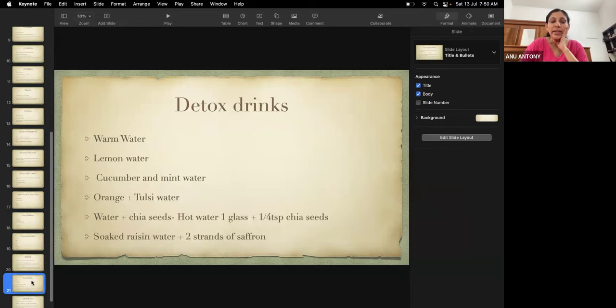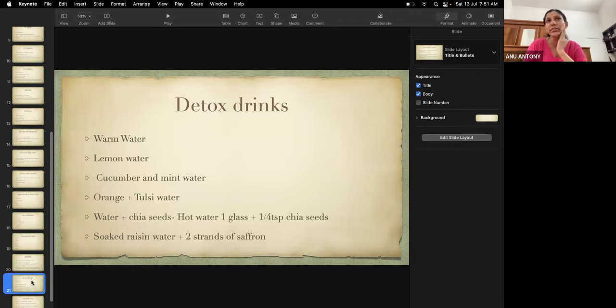Now, coming to detox drinks. We can divide detox drinks into two: cold detox drinks and warm detox drinks. The cold detox drinks, choose them for summer season. Don't choose them for winter season. The detox drinks or detox teas which are warm in nature, choose them for winter season.